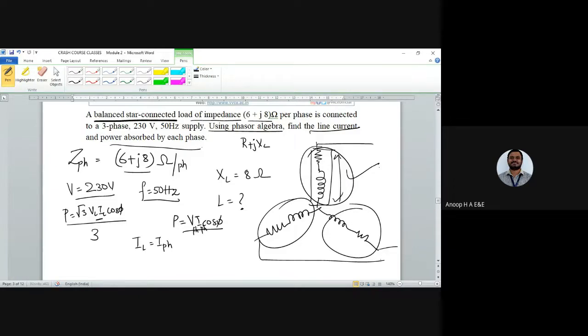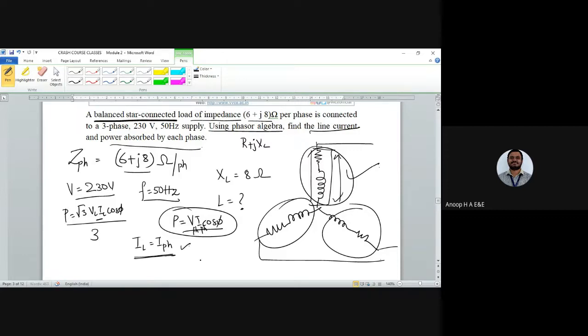If I use only P is equal to VI cos phi, that is VPH IPH into cos phi. Okay, so that is how we are going to find out the relevant equations, and you can see that IL would be equal to IPH.